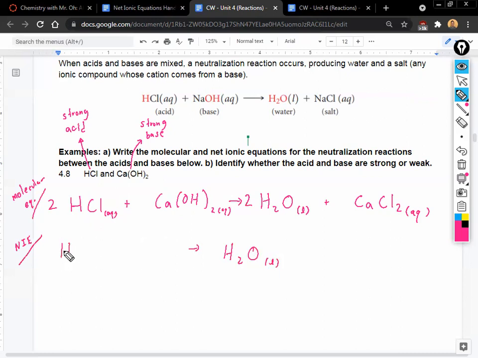Hydrogen, and what's the charge on hydrogen? Plus, so that's going to be aqueous. And then we have the hydroxide, which is negative. So this would be the net ionic equation. And that's it, guys. We got the molecular equation and the net ionic equation. And this is called a neutralization reaction because the acid and the base canceled each other out.